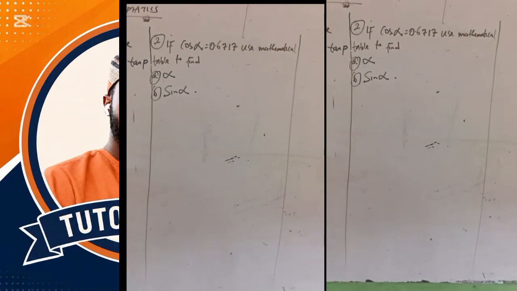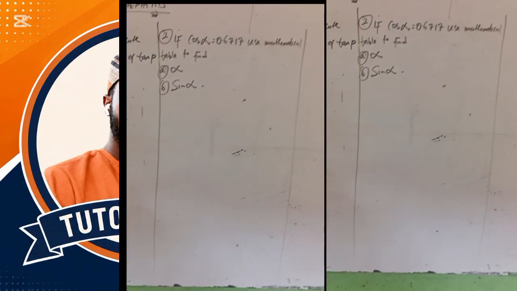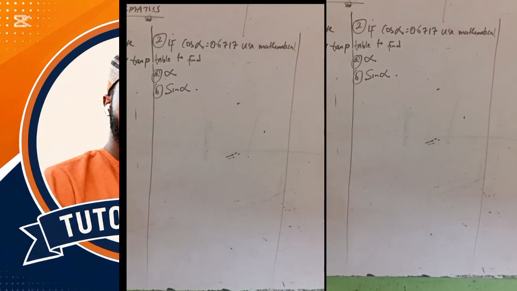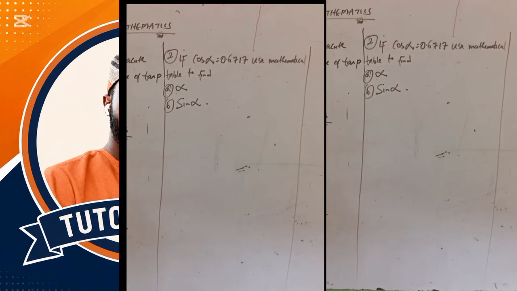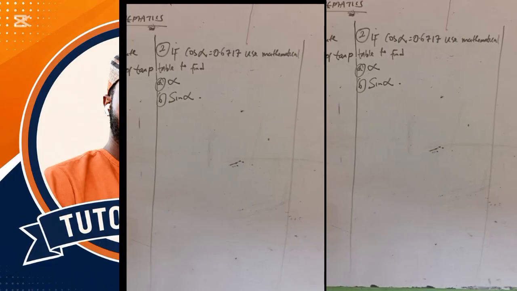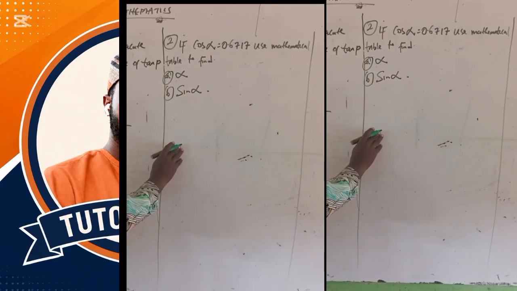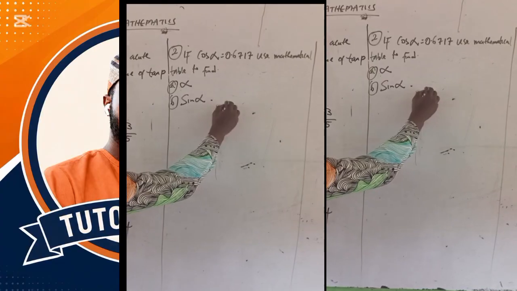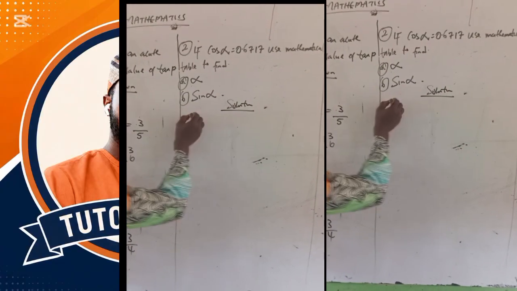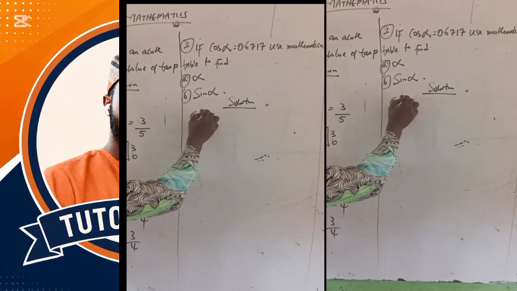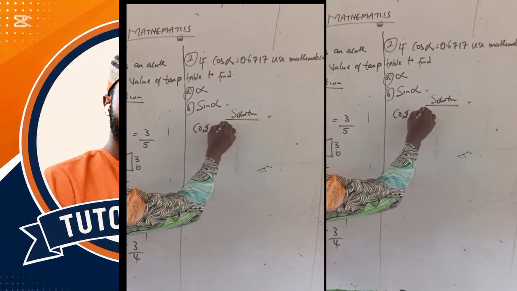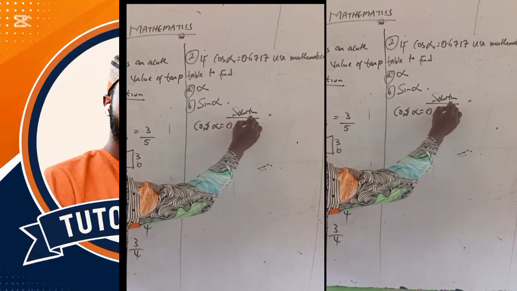The last question says, listen everybody: if cos alpha equals 0.6717, use the mathematical table to find alpha, then find sin alpha. Now, solution to the question: we are given that cos alpha is equal to 0.6717.